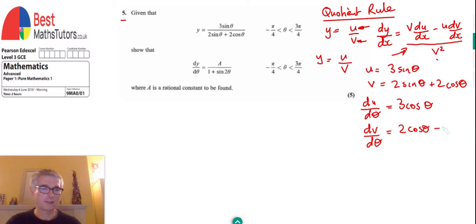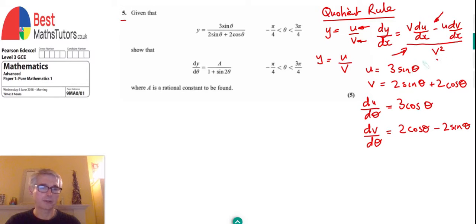So take away 2 sine theta, since cos theta differentiates to give minus sine theta. So that's the information I would need for the top part of this formula here.